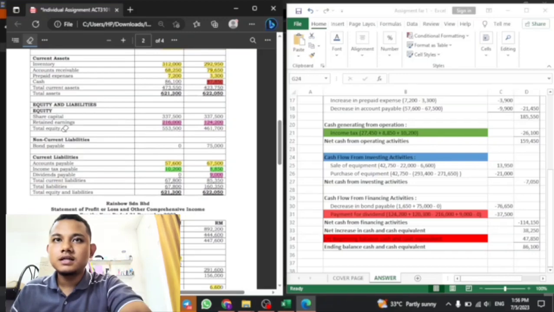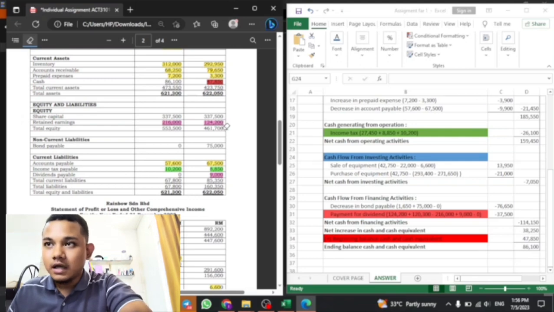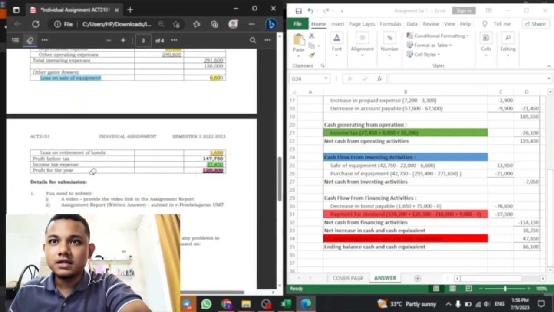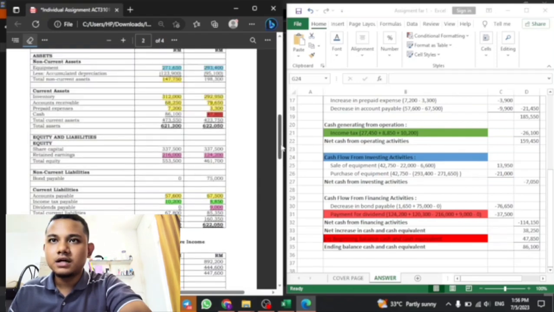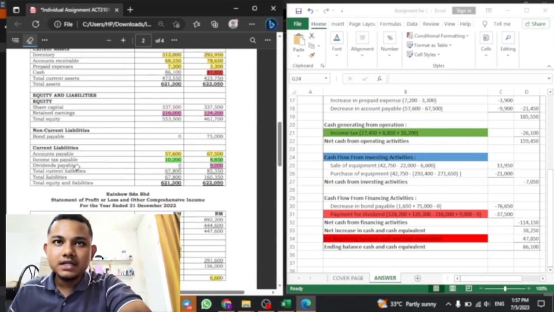Retaining earnings for the year 2022, and for the year 2021 RM124,200, and I add the profit for the year, which is RM120,300, and I subtract the year 2022 figure, which is RM216,000, and I add the dividend payable, which is RM9,000, and I get RM37,500.